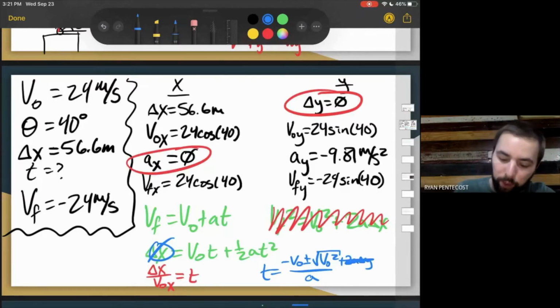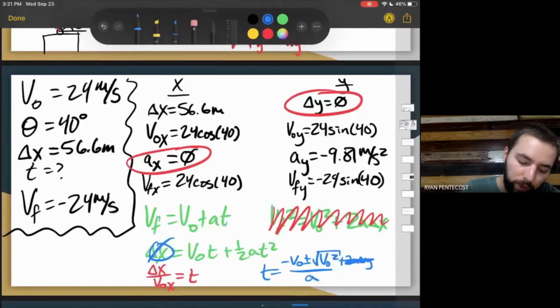So that's a possibility. Let's look at the other one. If we have V final minus V naught over A equals t, that's also a possibility, right? That's actually going to end up being the same thing. Because here, negative V naught, that is V final, right?